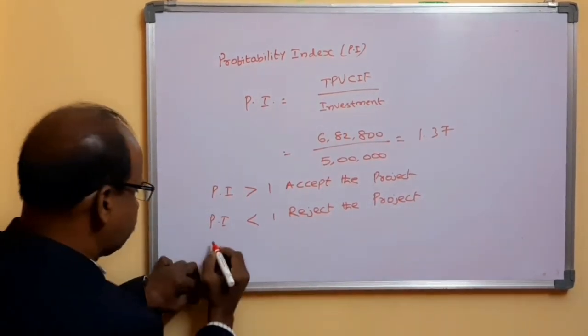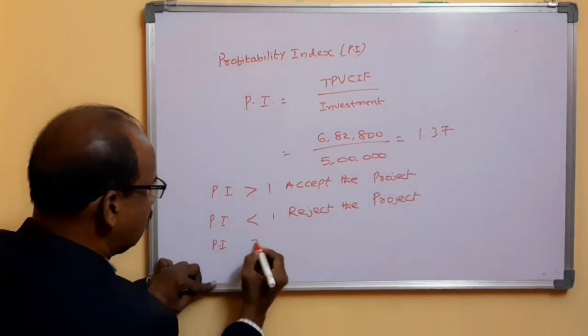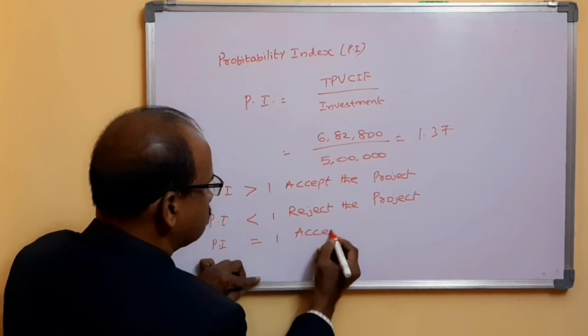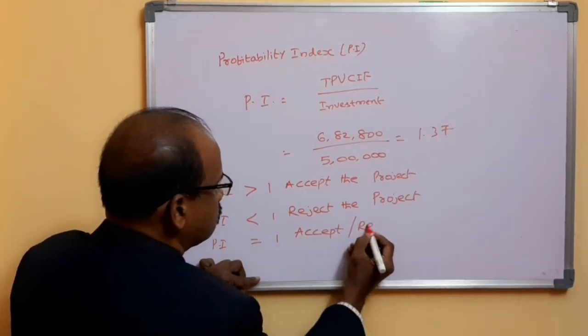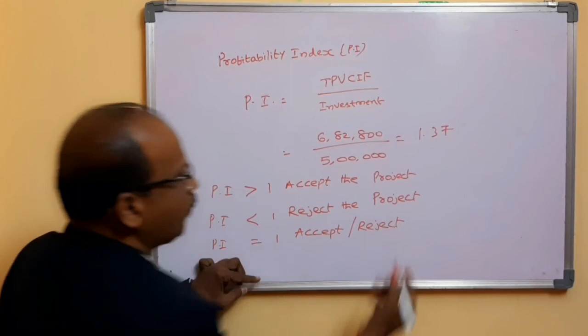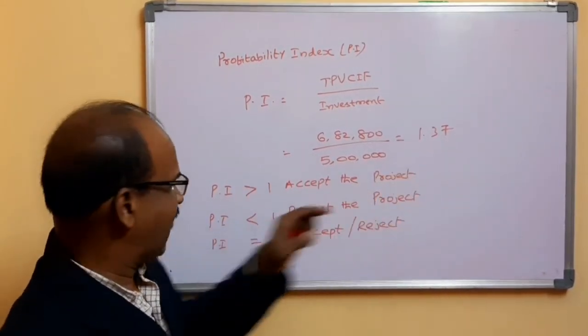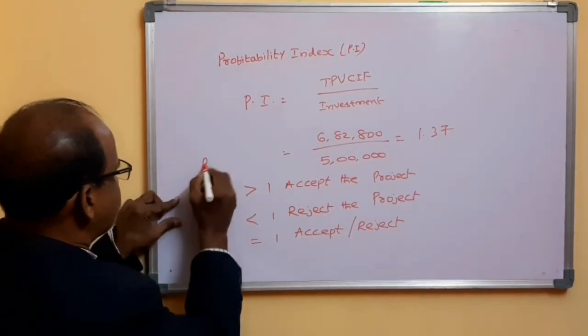Profitability index equals 1, we may accept or we may reject. In this problem, we get a profitability index of 1.37. As per the rules, we can accept the project.